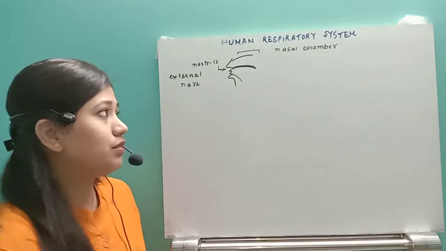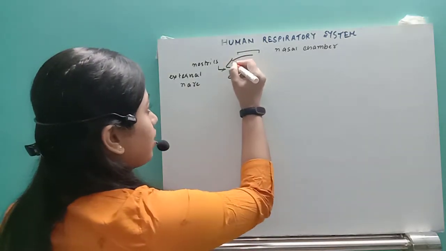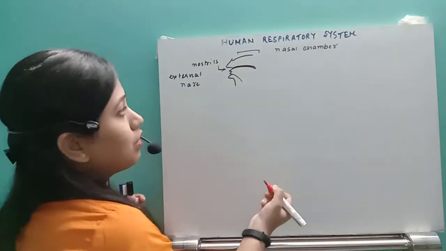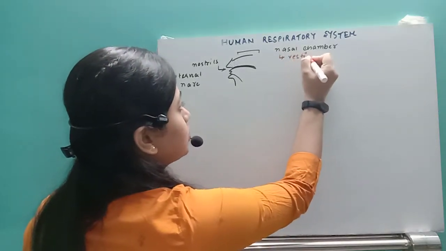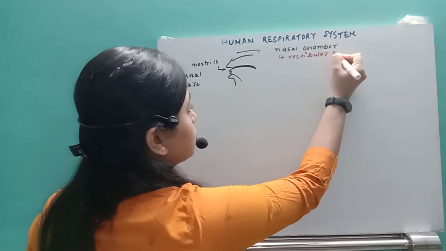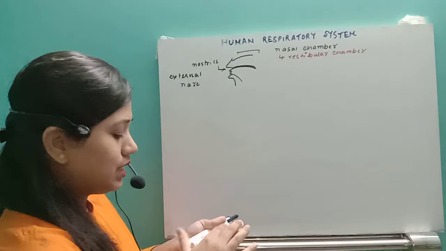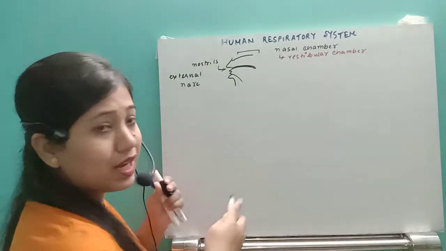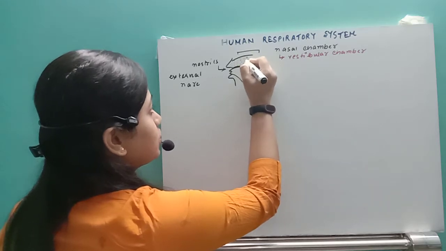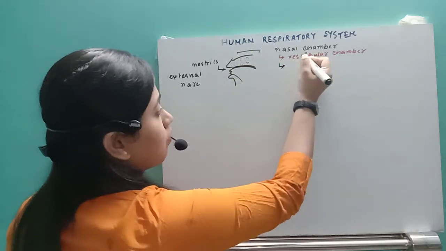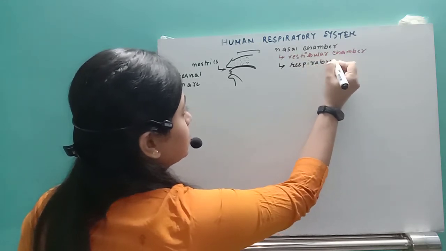The first part of the nasal chamber is known as the vestibular chamber, right? Now just behind that we have the next chamber, the respiratory chamber.